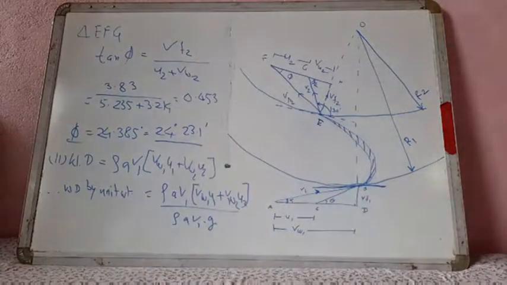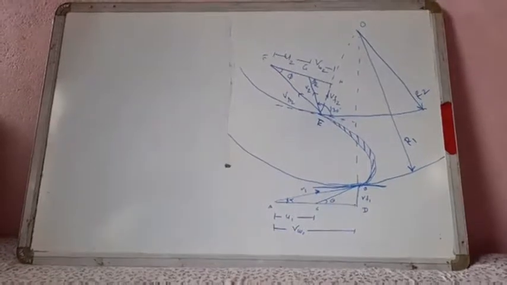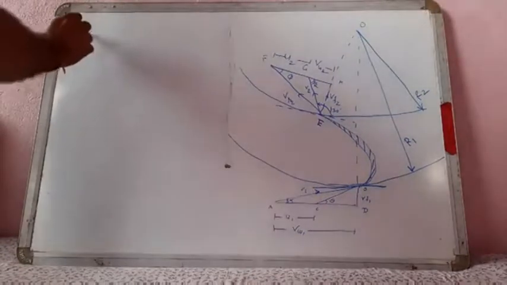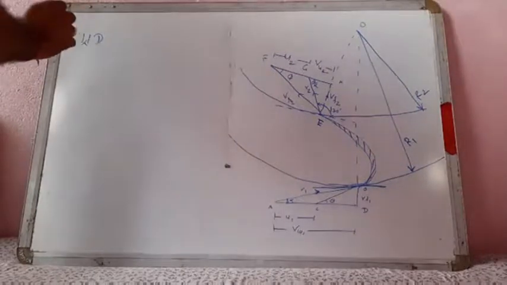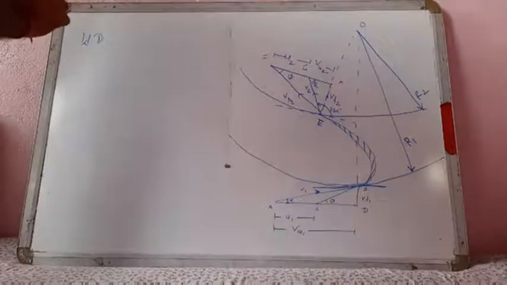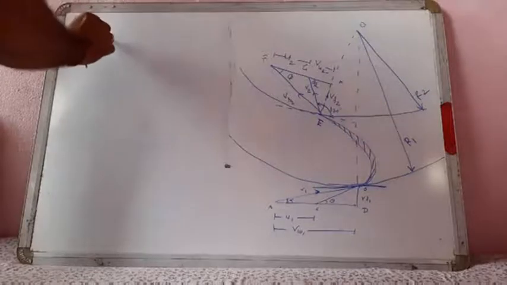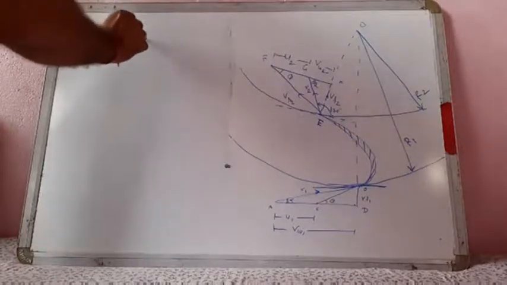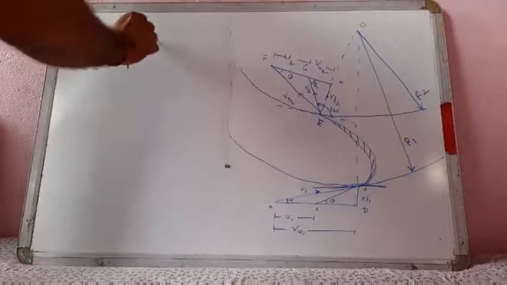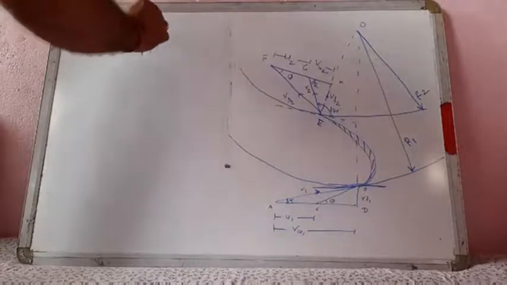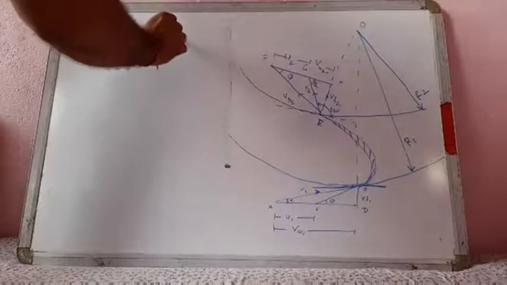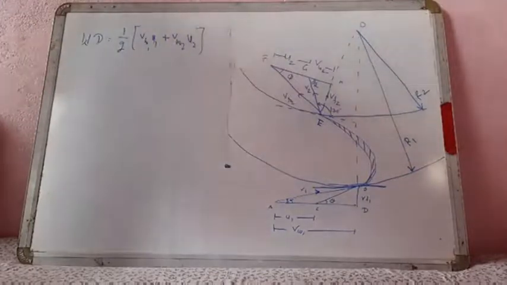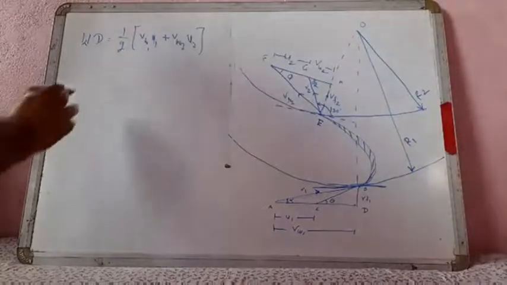By cancelling rho A V1, it equals 1 by g (VW1 U1 plus VW2 U2) Newton meter per Newton.